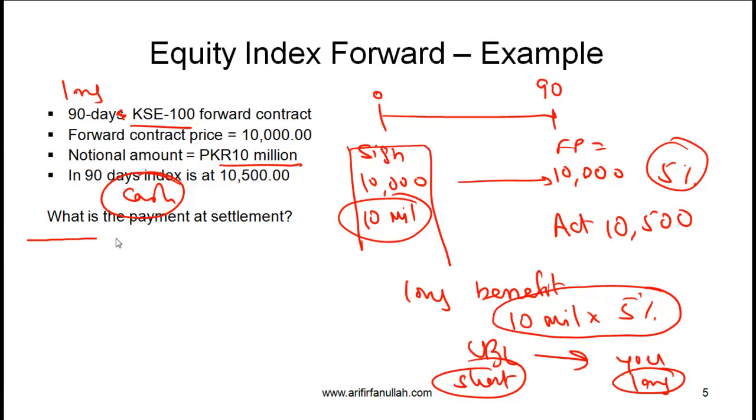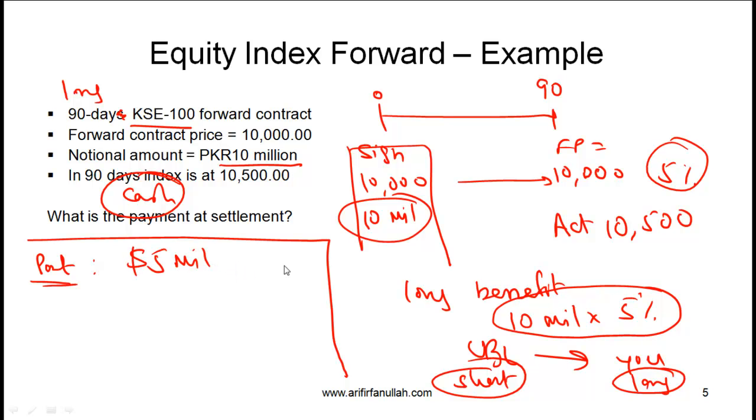So here I also want to just illustrate one more point. You can also have a forward contract on a portfolio of stocks. So let's say that there is a portfolio that's currently worth 5 million, and this, let's say, has 20 stocks in it. Now you can also get into a long or short position on this portfolio.